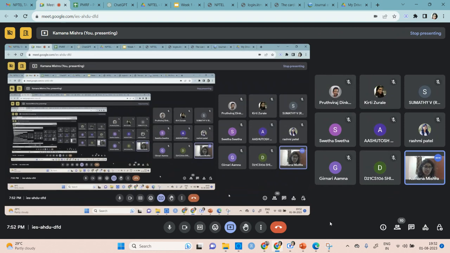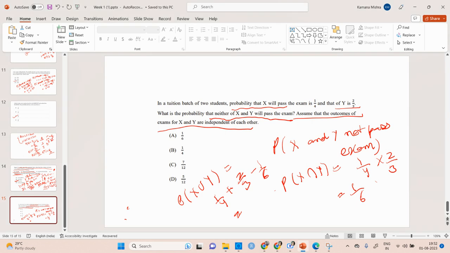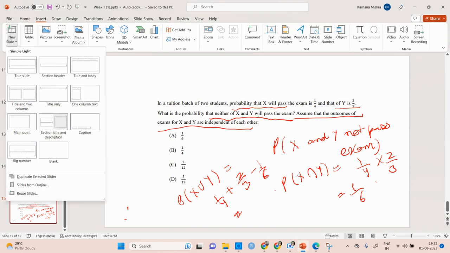There was a question whether a function is a CDF or PDF or not. Is it started? Just tell me.